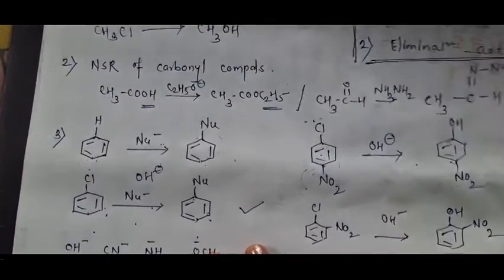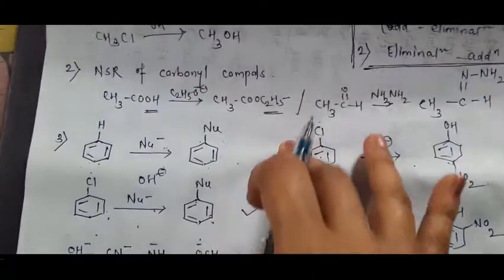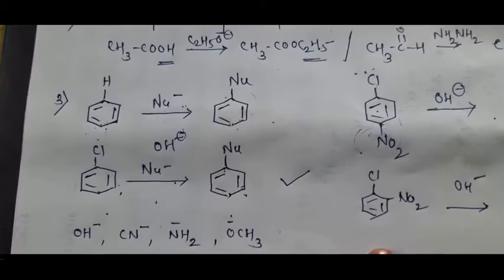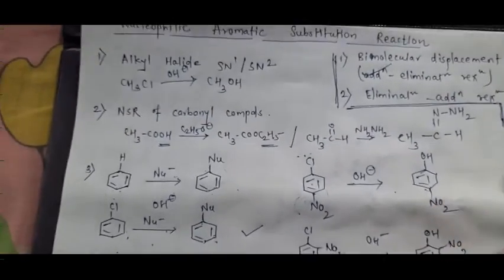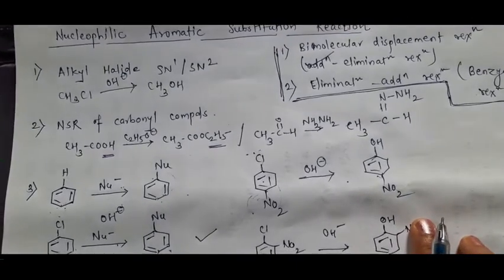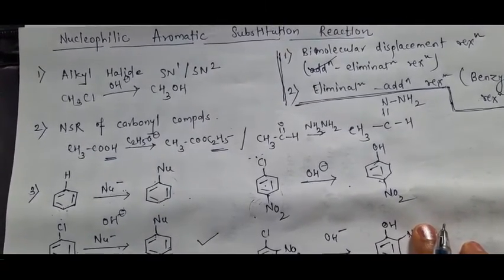So here, to conclude this particular point, what I am trying to convey is, when I am considering nucleophilic aromatic substitution reaction, as has already been discussed, they are not so easy to perform.